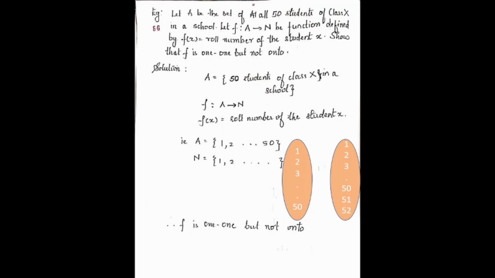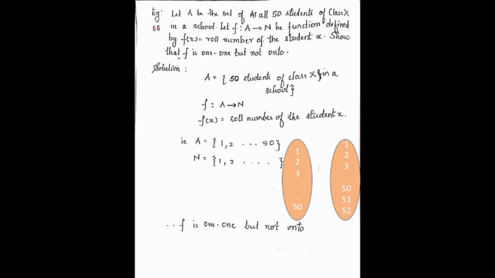Here we have another example from the textbook. Let A be the set of all 50 students of class 10 in a school. Let f from A to N be a function defined by f of x is equal to the roll number of student x.